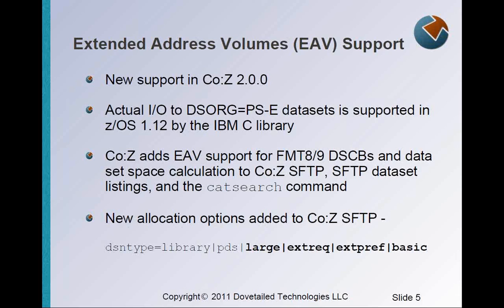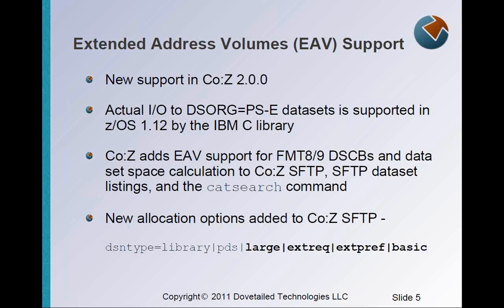Hi. So one of the big feature items in the new 2.0 release is that we've filled out the support for transferring data sets in Cozy SFTP that are on EAV volumes. So this would include sequential data sets that are PS-E.